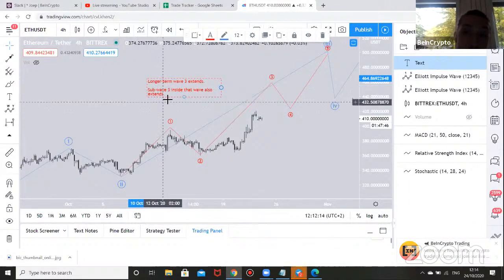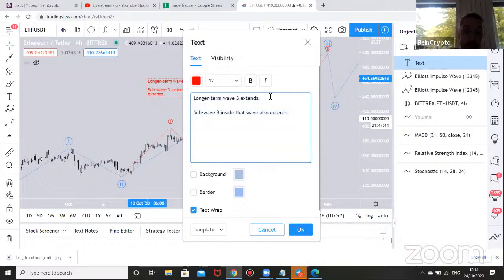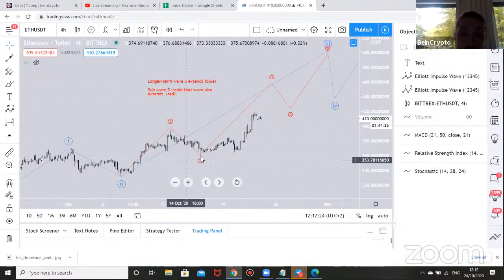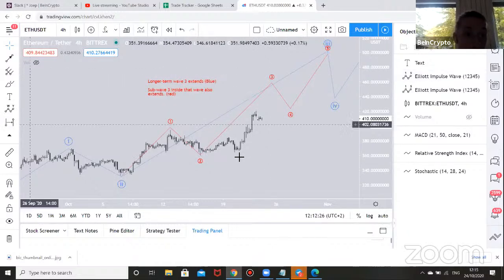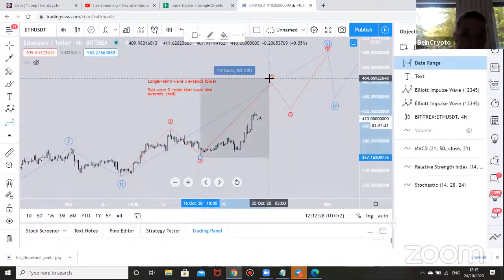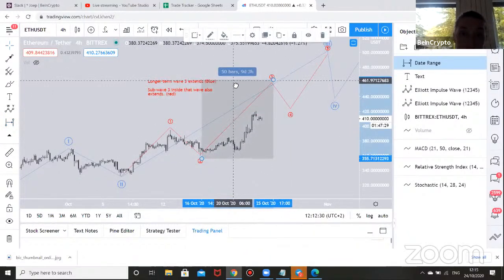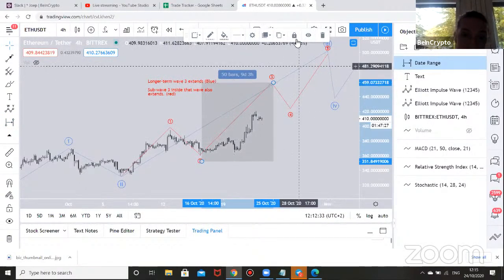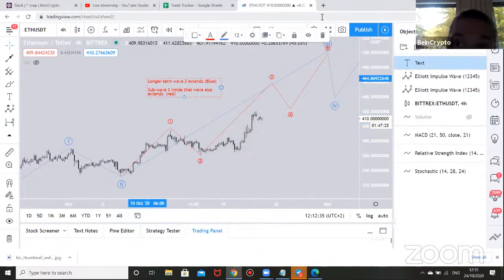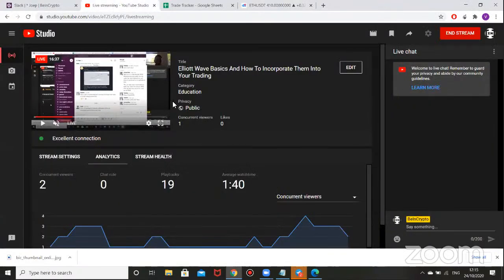In this case, the subwave 3, which is red, also extends. So again, I would expect this to be the longest. Again, this is not a rule, but it often happens.